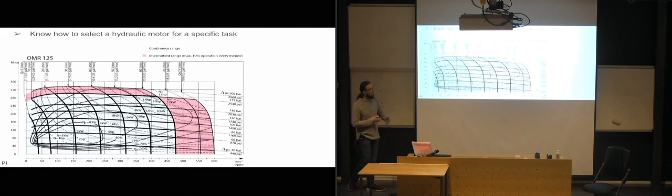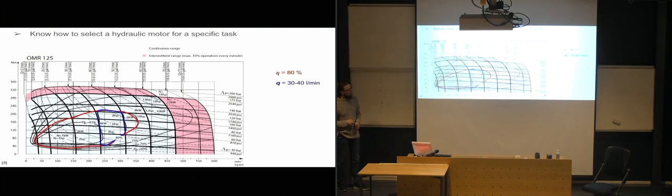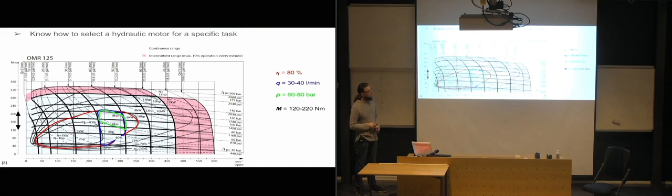So we can figure out a lot of the values that we need in our system by setting a couple that we need, and then figuring out the rest by looking at the chart and seeing where we are in relation to the other values. This is the one we did in the calculation, where we were looking at an efficiency of 80%, a flow rate of 30 to 40 liters per minute, a pressure of 60 to 80 bars.